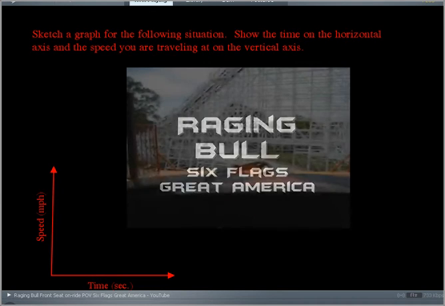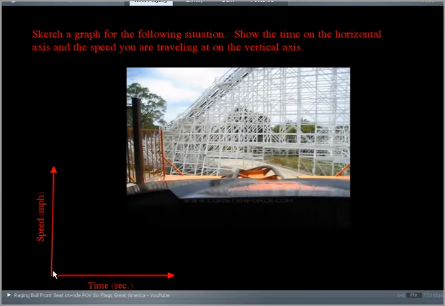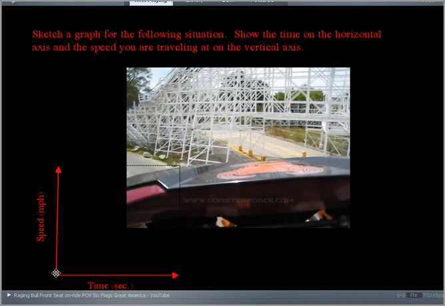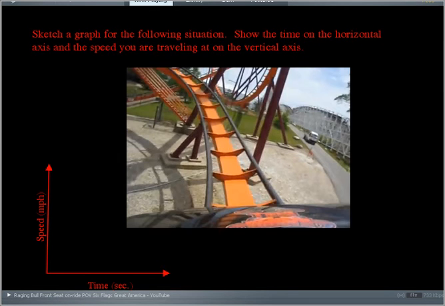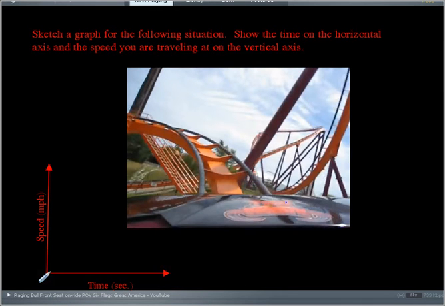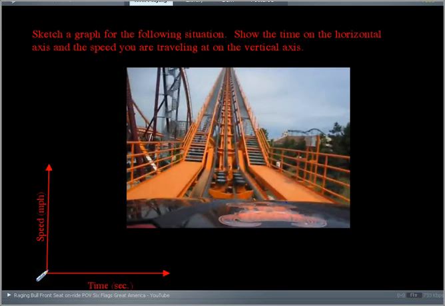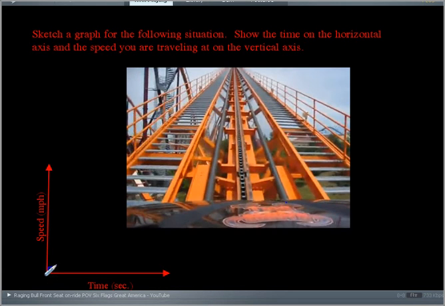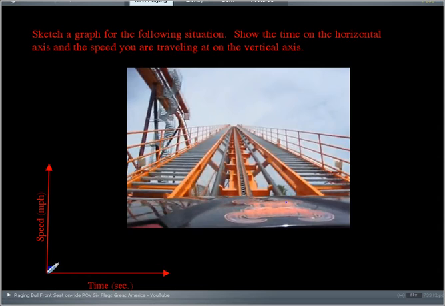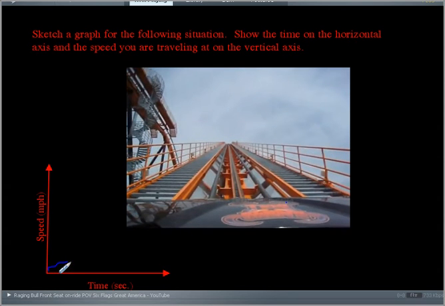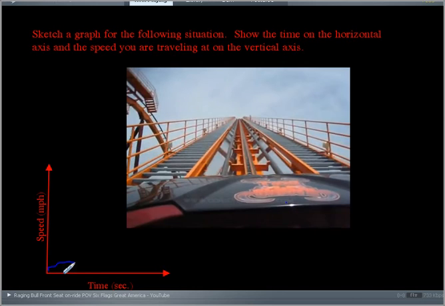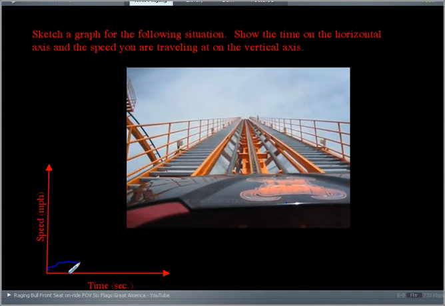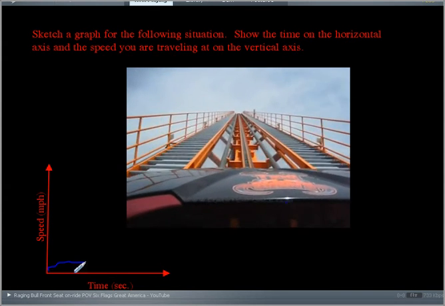So Raging Bull starts off having no speed. So there's no speed change right now. You're going relatively slowly.